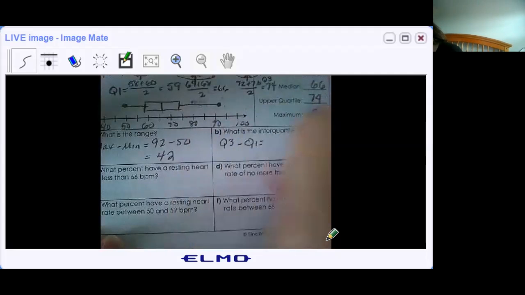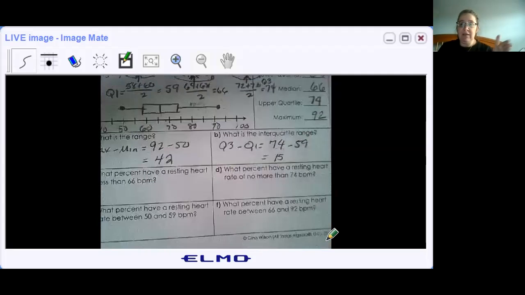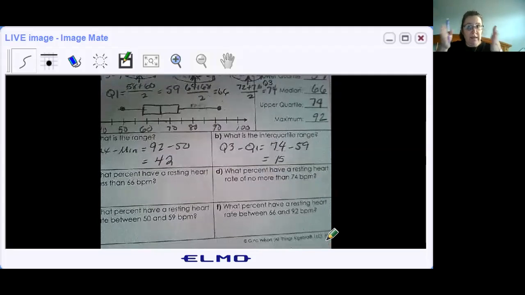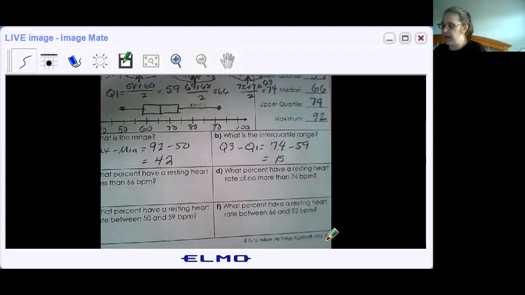So in this case, that would be 74 minus 59. Math's a little harder there. 14 minus 9 is 5. 6 minus 5 is 1. So that box, even though the entire thing is 42 steps long, that little box is just 15 steps long. Okay? So that's the kind of things we look at.